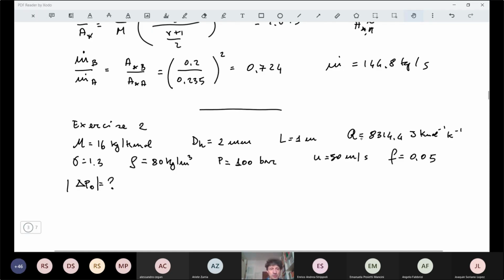Just let me think a minute about that. We will proceed similarly to what we have done in the exercise before, except that we are now changing the driving potential.